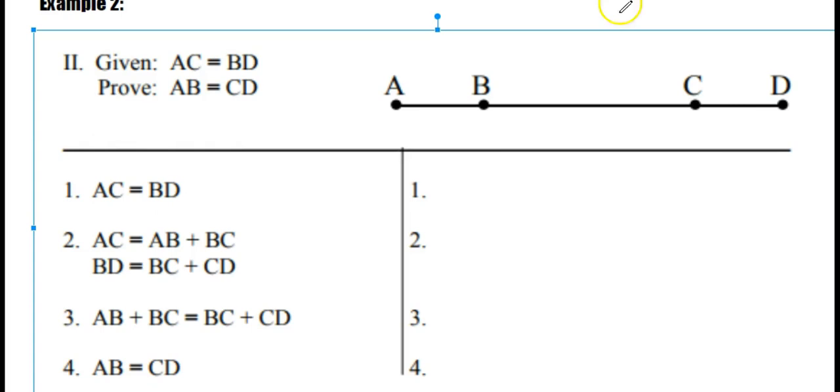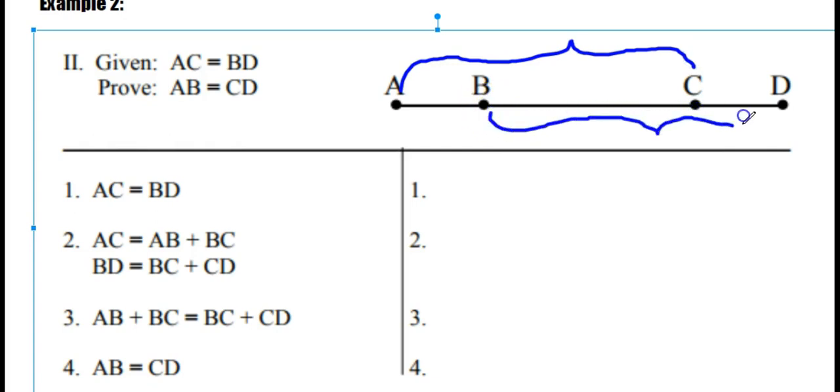AC would be a number. BD would be a number. So really we're saying that this is the same as this. These aren't traditional methods, but that's what we're talking about. And we want to prove that AB equals CD.